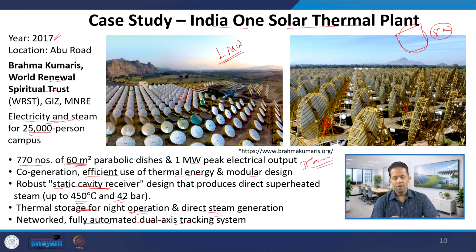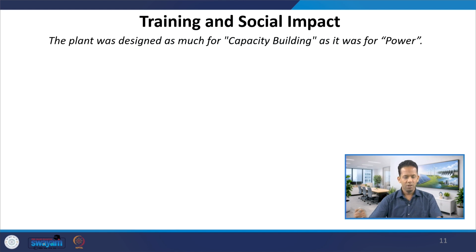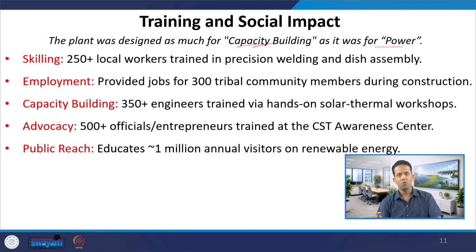Now, since it was a one-of-a-kind solar thermal power plant in India, the main objective was not only generating power and steam, but also having training and societal impact by conducting capacity building and skill development trainings. So it was designed for capacity building equally as for power.